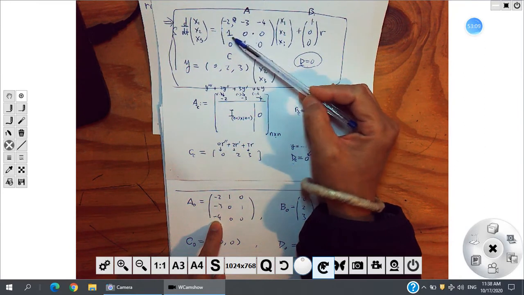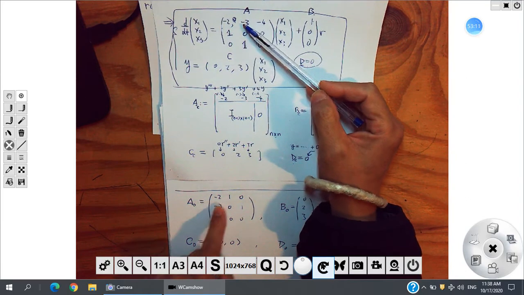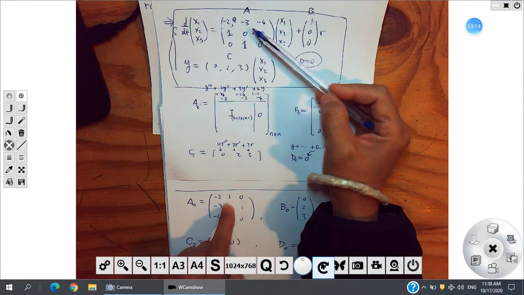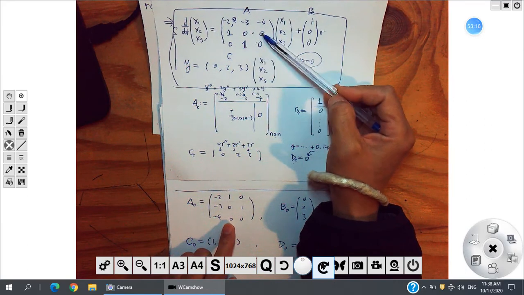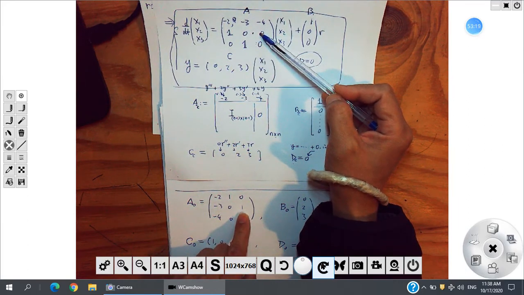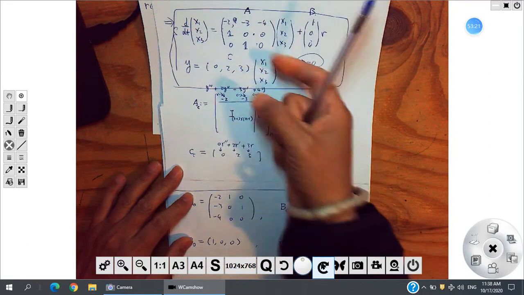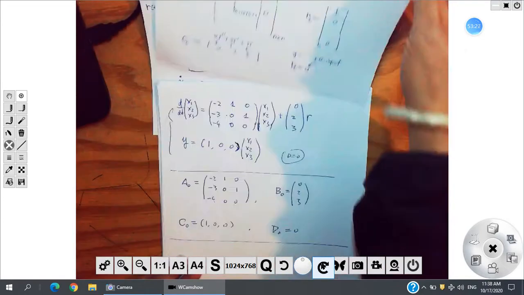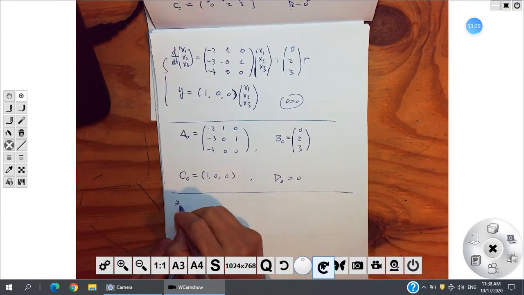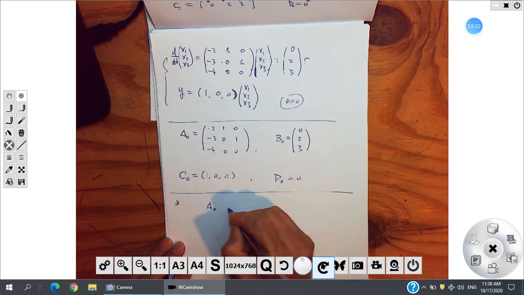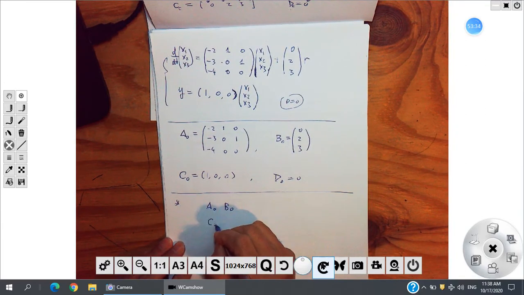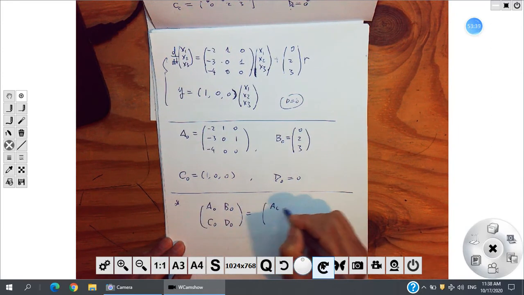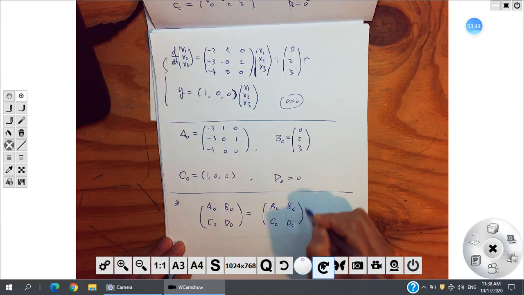And here the 1 is going up to here. No, 1 is here, and this one going up to here. Yeah, it's here, right? So this one and this one, you just do a transpose. So we will see A observable, B observable, C observable, D observable equal to A controllable, B controllable, C controllable, D controllable with a transpose.